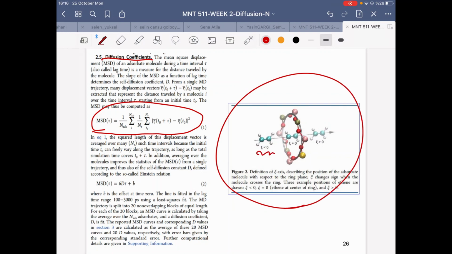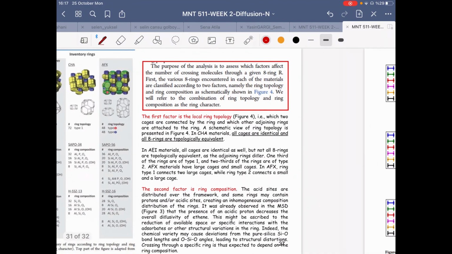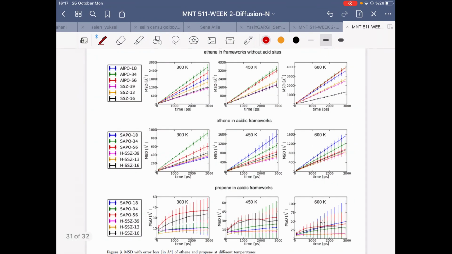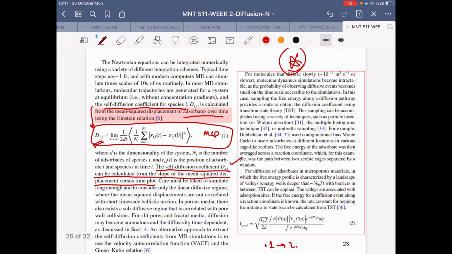This is my molecule that travels from here to here to here as a function of elapsed time. Ethene is traveling, and at the end they come up with these slopes that I told you about.